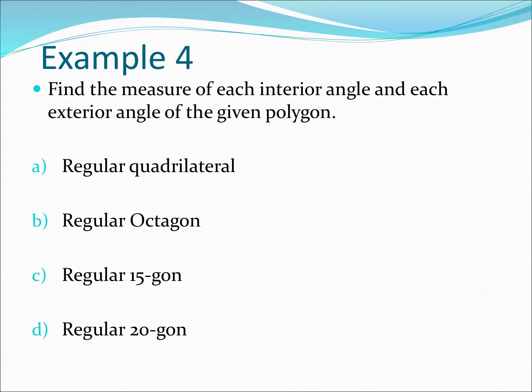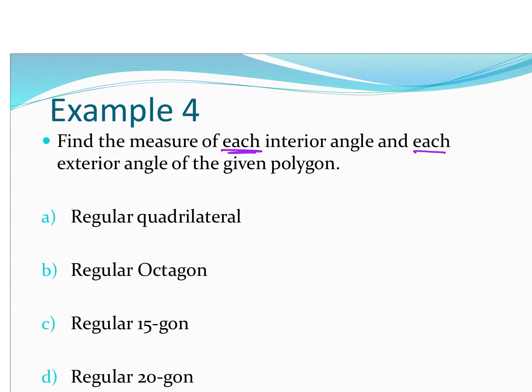So the last example here, it says to find the measure of each, this one wants not the sum, each interior angle and each exterior angle. So the two formulas we're going to be using are n minus 2 times 180 divided by the number of sides. This gives me each angle.